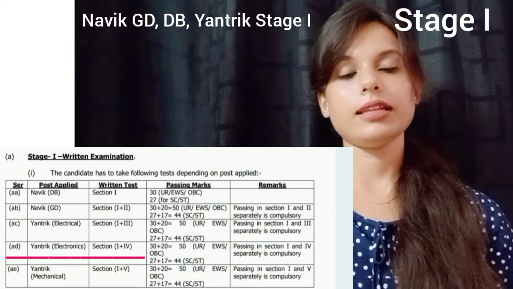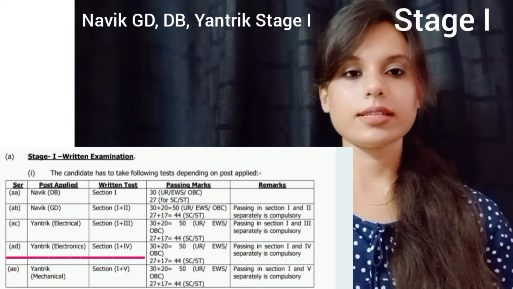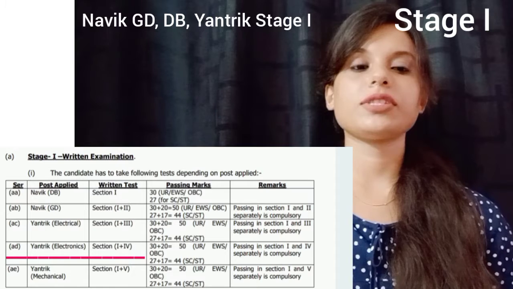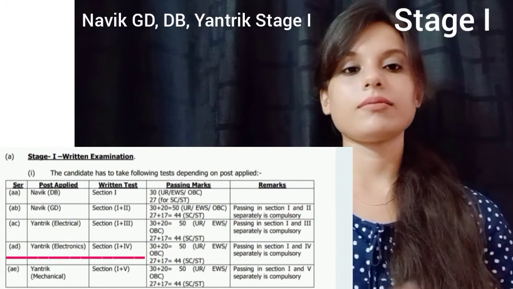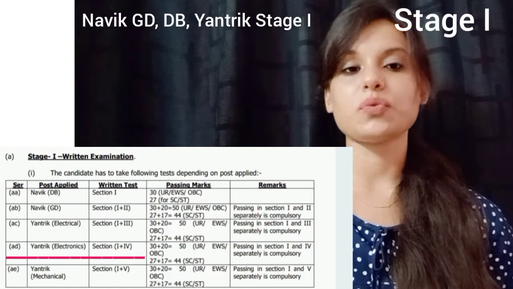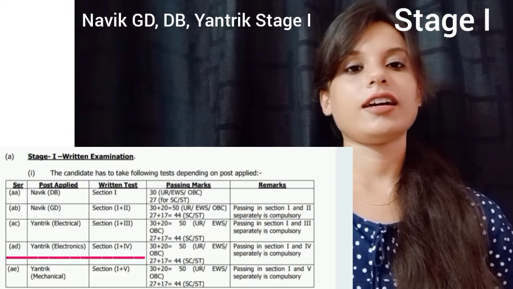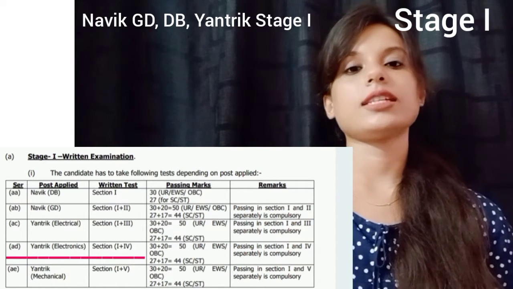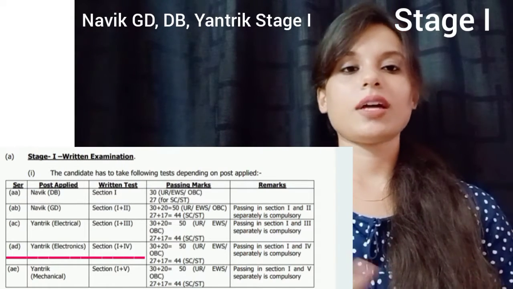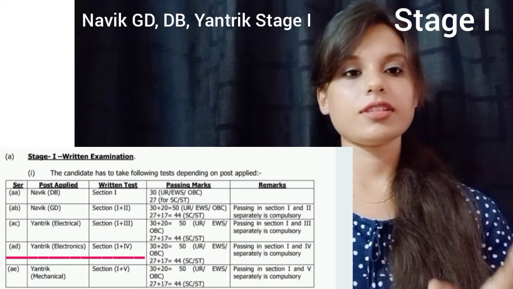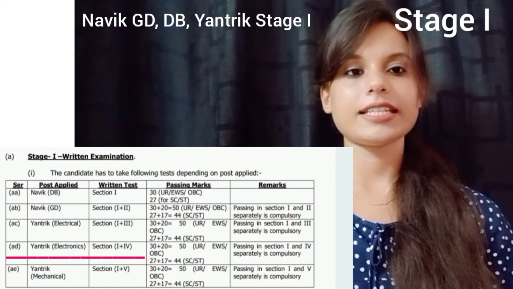So here in the Yantrik electronics department, you have to secure 30 marks as the passing marks in section 1, and in section 4 you have to secure 20 marks. This is once again for the unreserved, EWS and the OBC category.